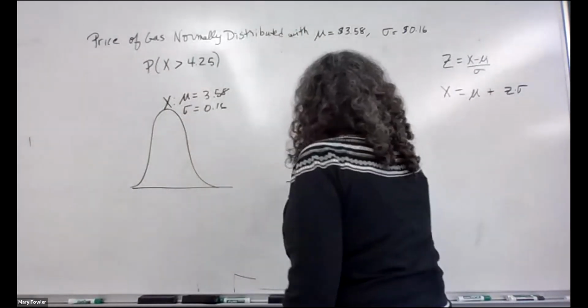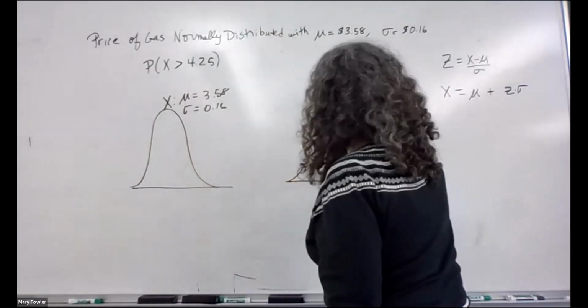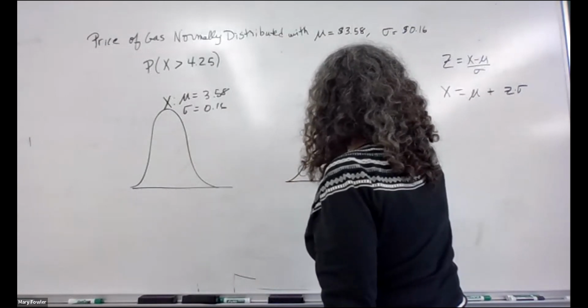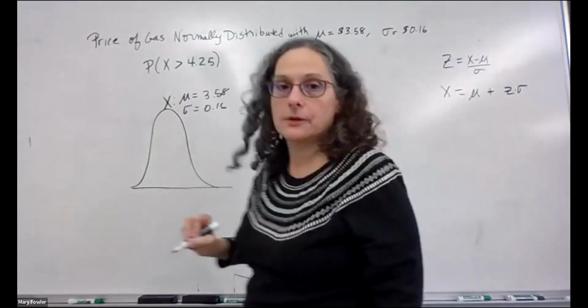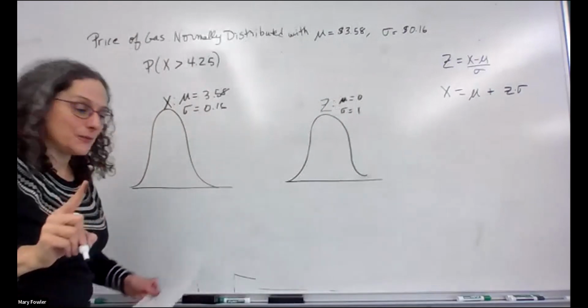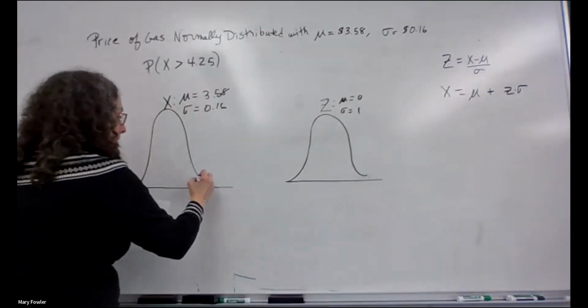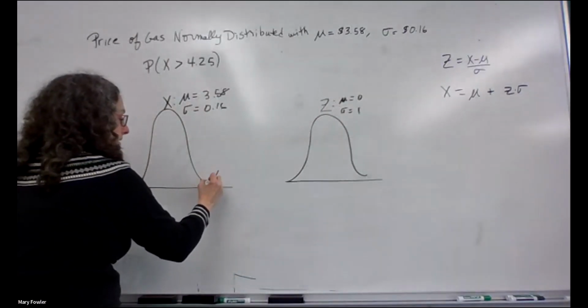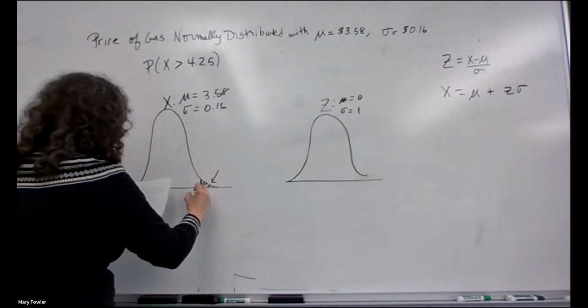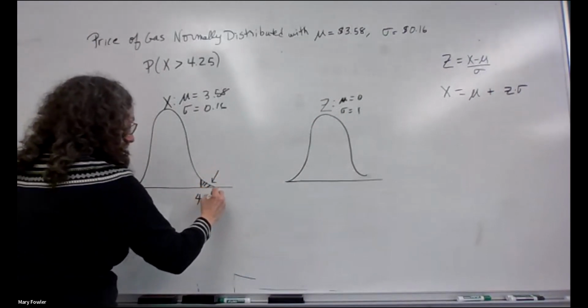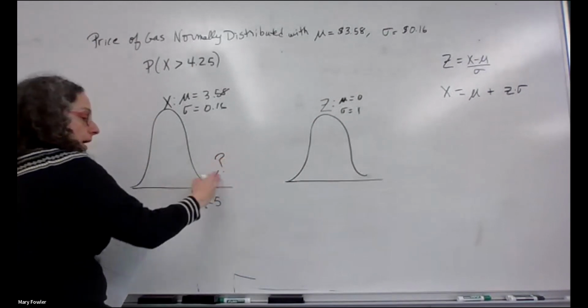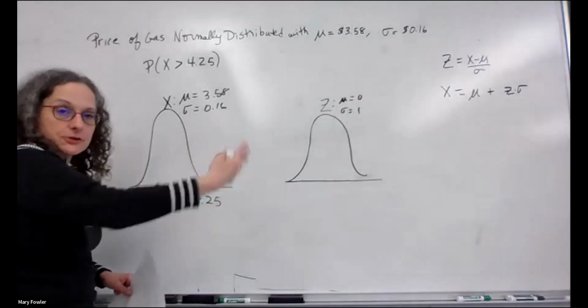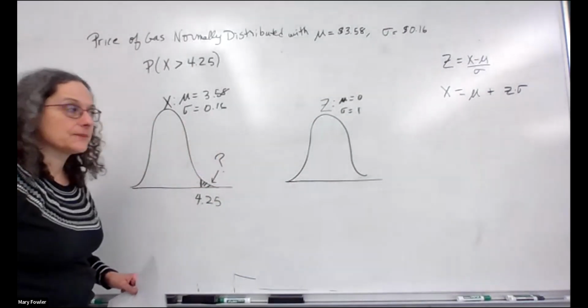Okay, and then let's get a Z curve here. So we are looking for a right tail, saying this is $4.25. What's the area to the right of 4.25?